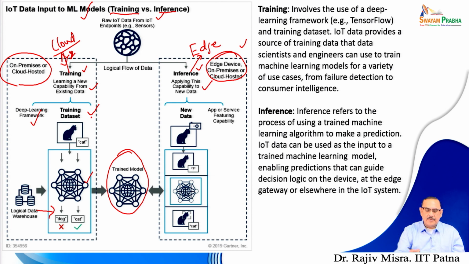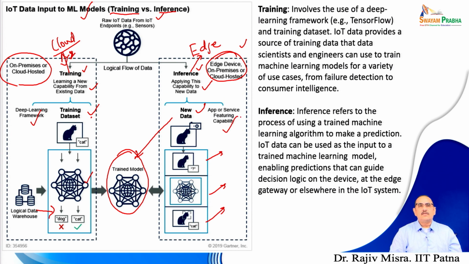Applying these capabilities to new data is called inferencing. So, when new data is presented to the trained model, it will be able to classify the service or it will get the insight of an IoT data.